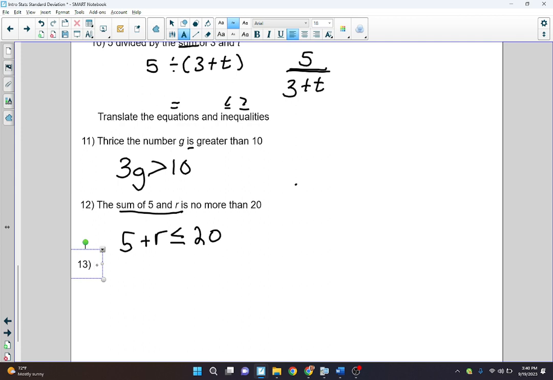Last practice problem today. Let's put a variable there. X is more than 10 and no greater than 50.